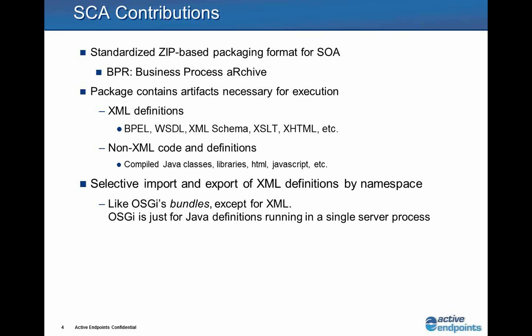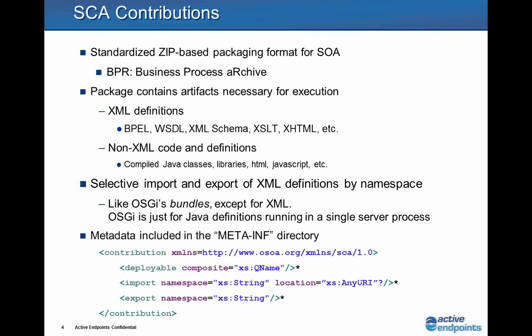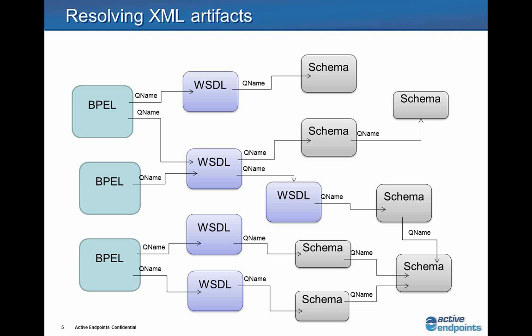For us, it's not only XML definitions, it's XML definitions that are in a distributed architecture, distributed service-oriented architecture in particular. So in order to achieve this selective import and export, the zip file, just as a jar file has things in the metadata directory, there's also this contribution file that's in the metadata directory that says what are the imported namespaces, what are the exported namespaces, and what are the deployable artifacts.